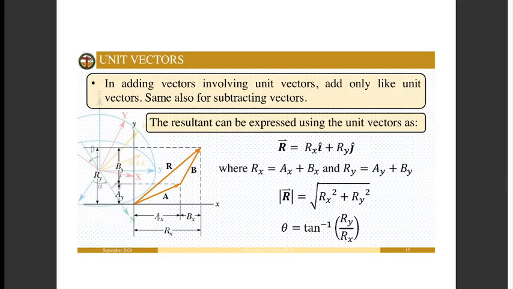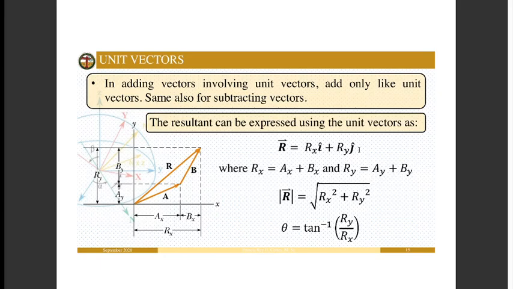You just have to add the x components of A and B for the x component of the resultant, and for the y component ng resultant, you just have to add the y component of A and the y component of B. So ito lang, ax plus bx tapos ay plus by.